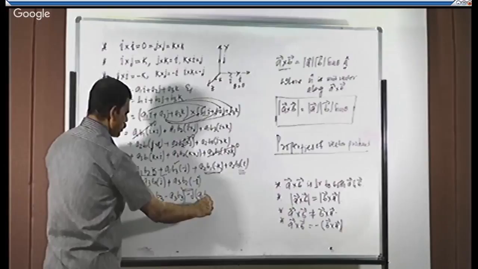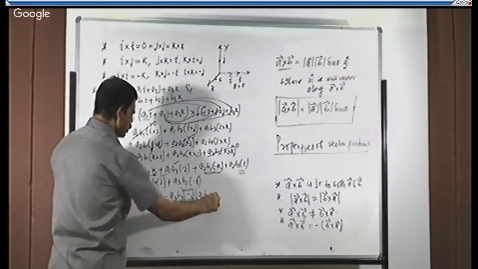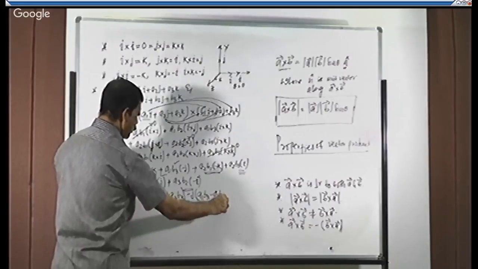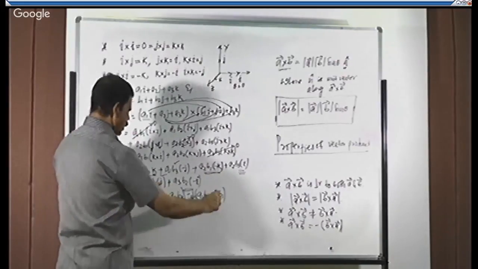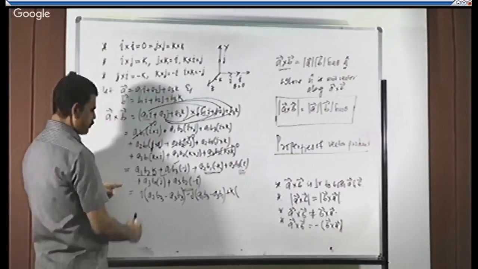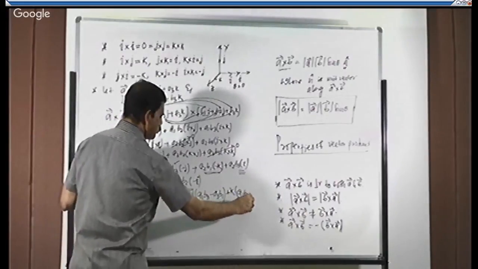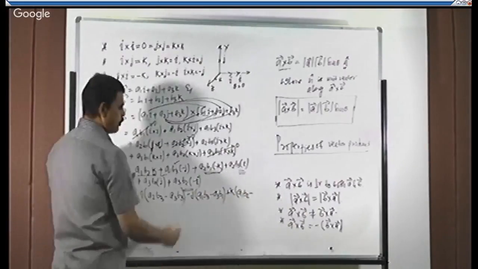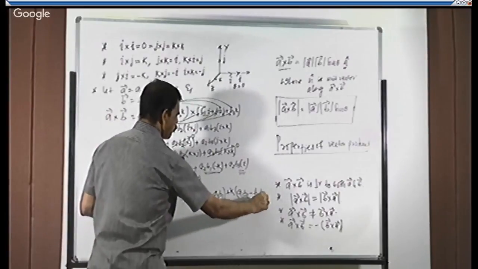A1 B3, this will become minus A3 B1. Next, the K terms, I am taking plus K common, A1 B2 minus A2 B1.